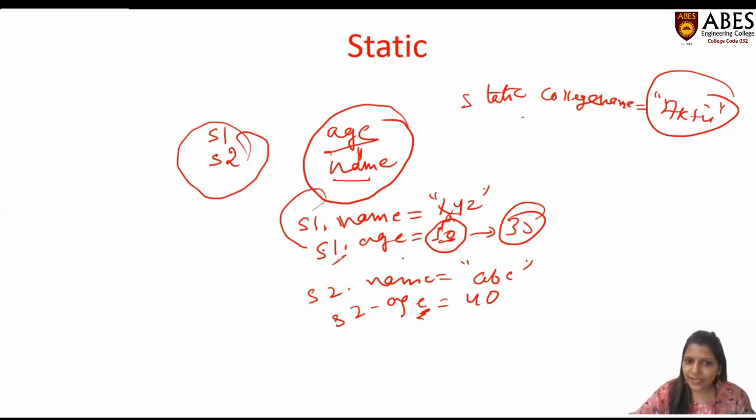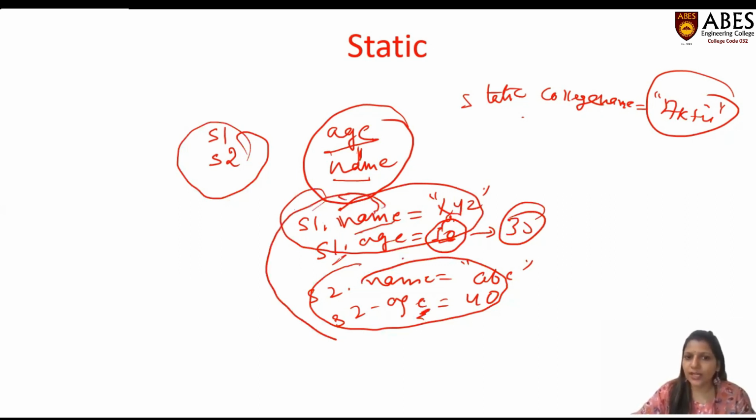S1 has its own copy of name and age, and S2 has its own copy of name and age. If I change the age and name in S1, the updated value will not reflect in S2. But in the case of static, let's suppose I print S1.college.